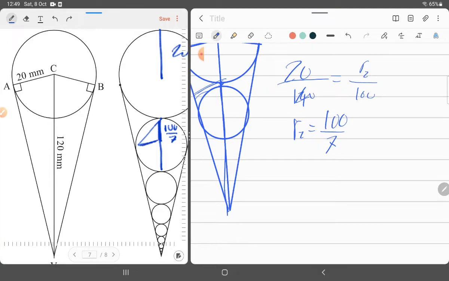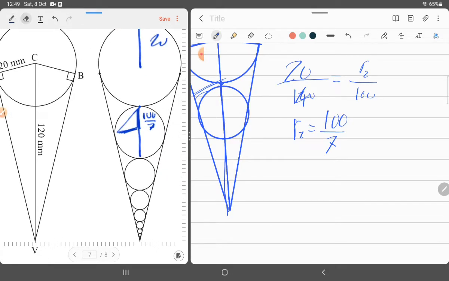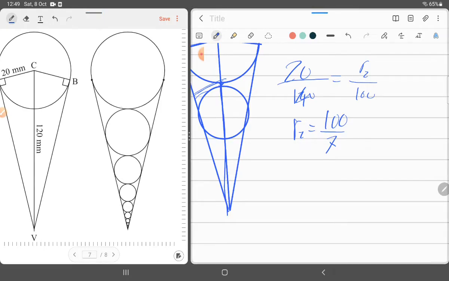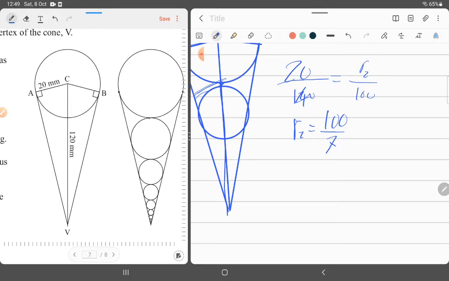So this is 100/7. Let me just swap everything out real quick. So the full length of here is 100. Then this full length.